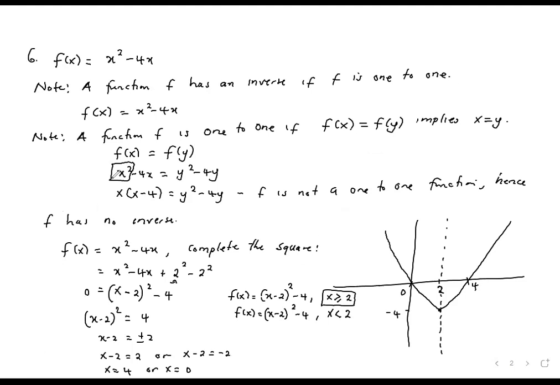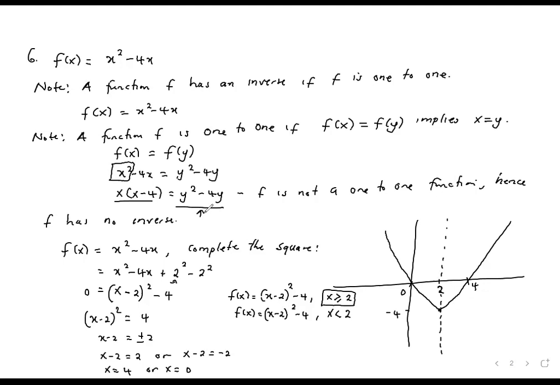So I can do the solving, and when I reach this part, I will know that x is taking two values. Suppose y is 0 at that point. Suppose this part here is 0. You would get x is 0 or x is equal to 4. So I know that x here is not one-to-one. In other words, we have failed to find x is equal to y.